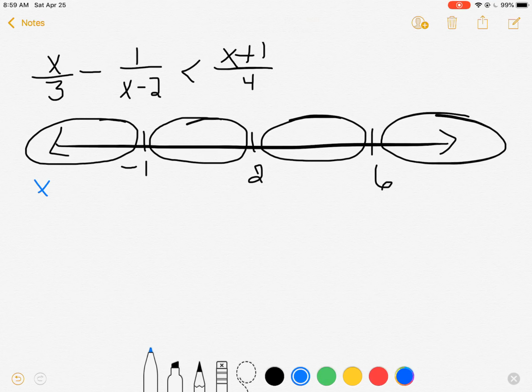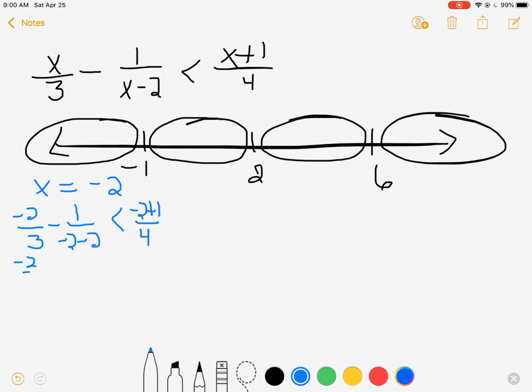So here I'm going to substitute in a negative 2. So I'd say negative 2 over 3 minus 1 over negative 2 minus 2. Is that less than negative 2 plus 1 over 4?